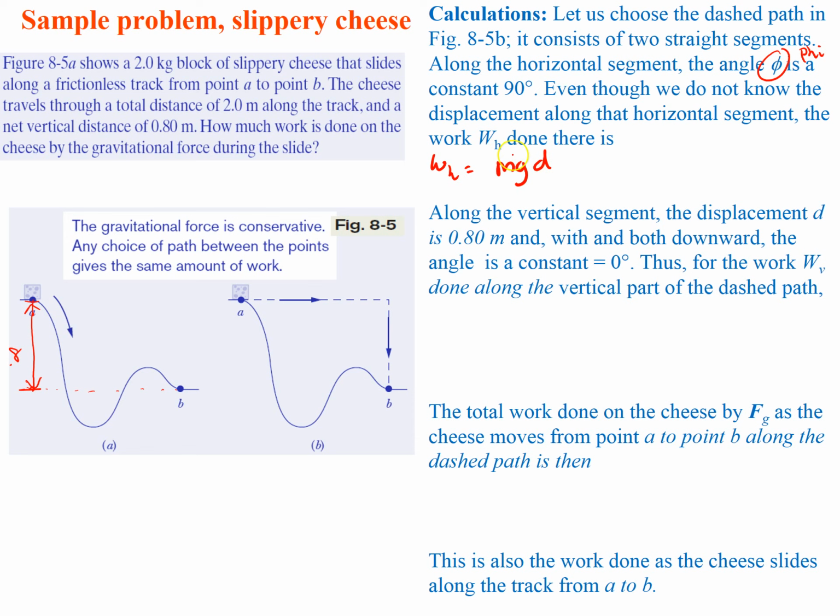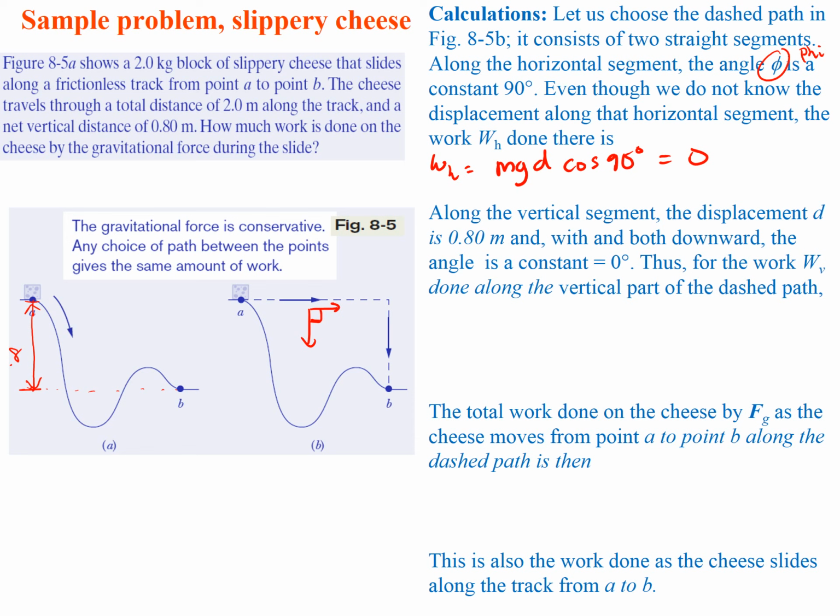We're talking about the gravitational force here, times the cosine of 90 degrees, because the force is down and the displacement is this way. So there's our 90-degree angle. This is going to be equal to 0 because cosine of 90 is 0. So the horizontal displacement doesn't even matter. It has no impact on the total amount of work done by gravity.